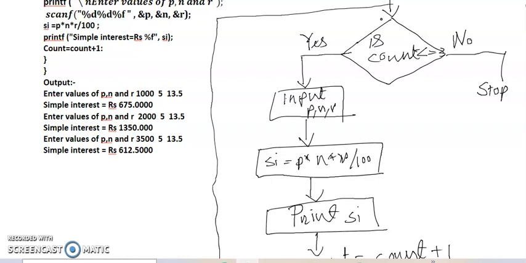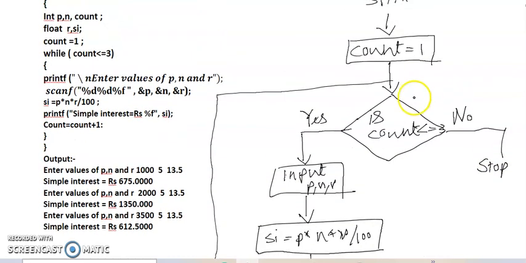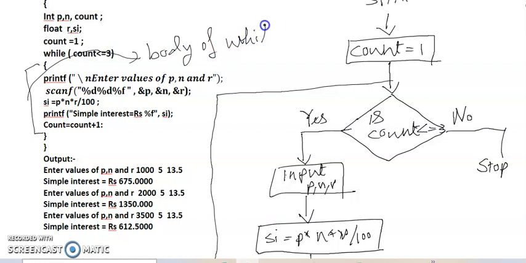These statements form what is called the body of the while loop. Which is the body of the while loop, friends? You see that this portion is my body of the while loop.